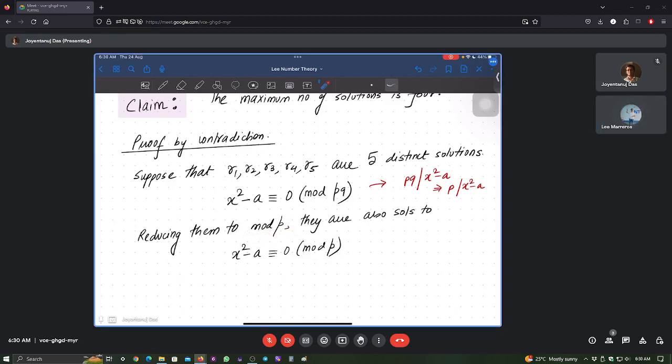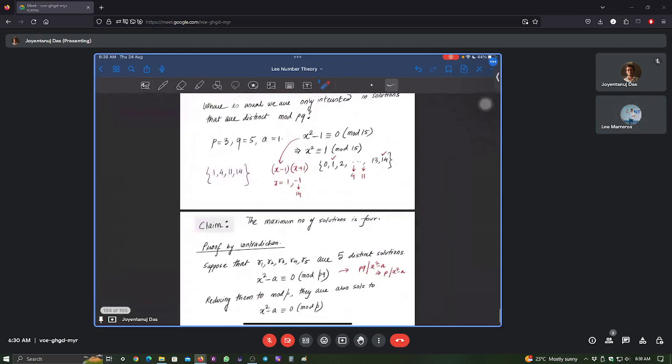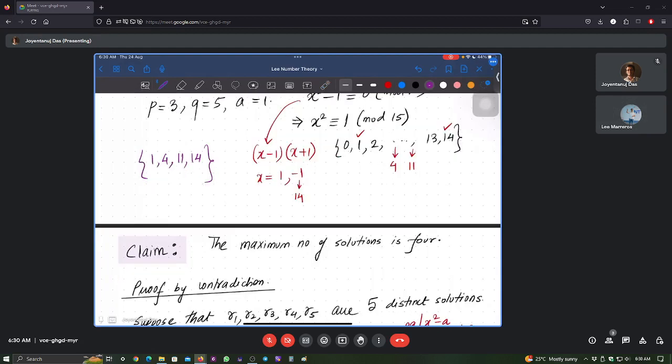So for example, if we go back, these are the solutions of modulo 15. Now if I reduce to modulo 3, what will be the corresponding set? This will reduce to 1. 4 is also 1 mod 3. And 11 is 2 mod 3. And 14 is also 2 mod 3, right?